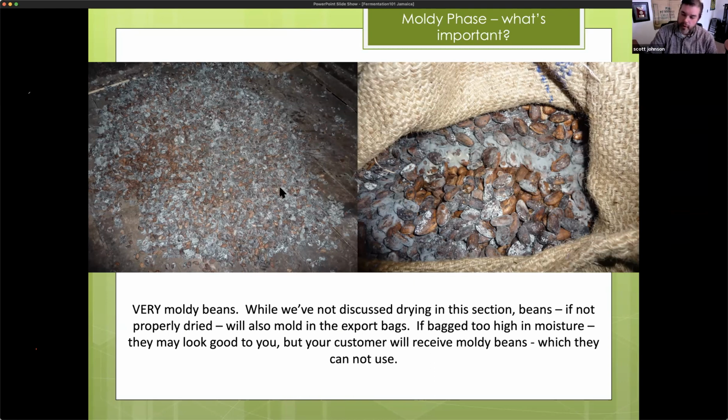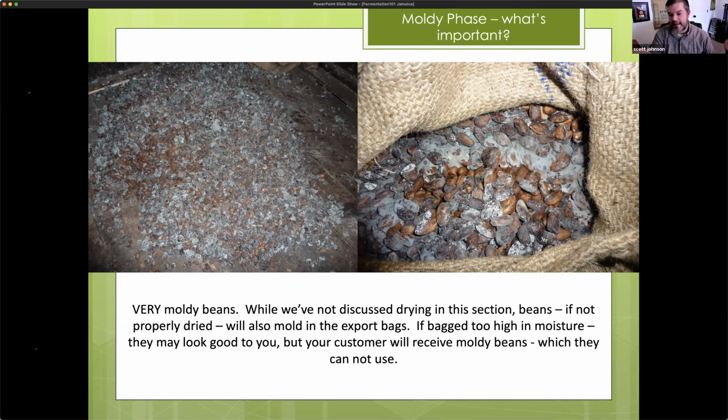But what we're going to talk about on Friday is the importance of drying your beans. There is a scenario where you may think that your beans have been dried and you may think that they look fine, and you put them into a bag and you ship them overseas for your customer. And when they open them up, they look like this. And so now you're both scratching your head. You say, well, they were fine when I sent them to you.